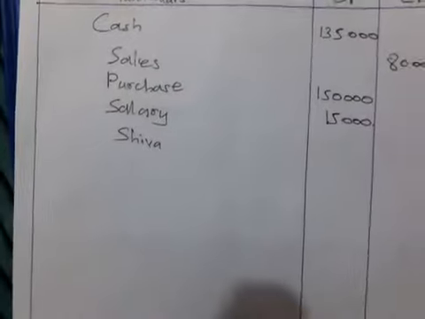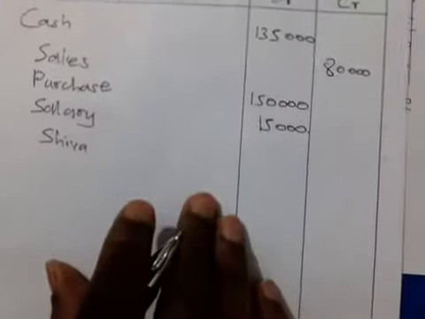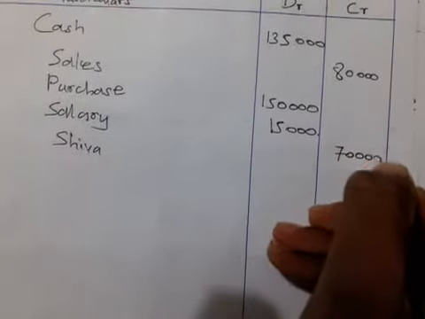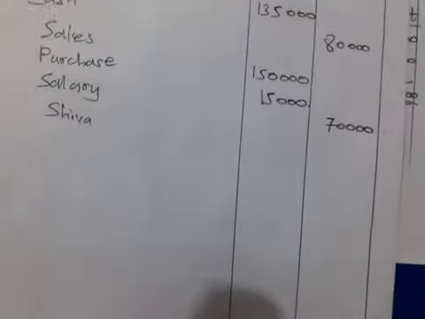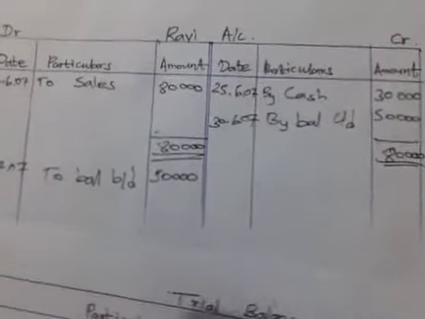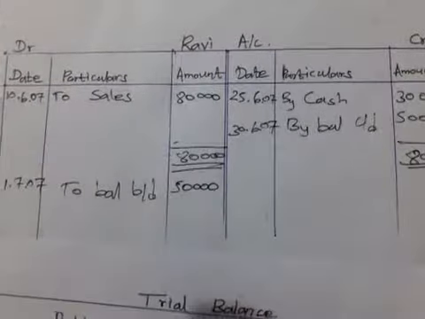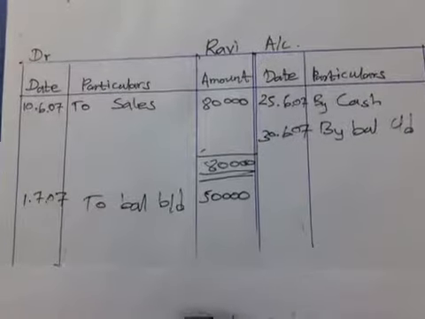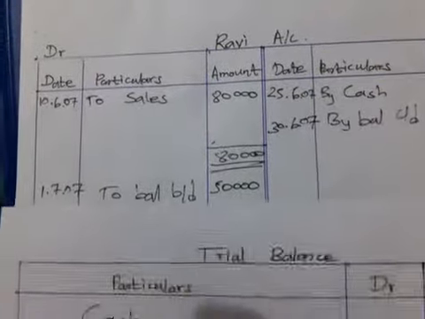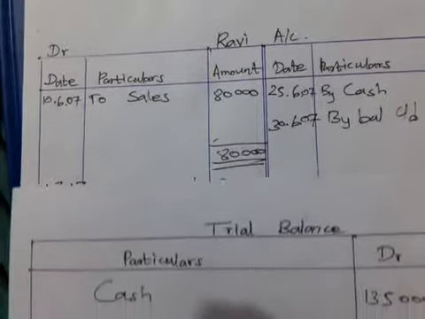Shiva 70,000. The next one is the Ravi account. In the Ravi account we got the balance on the debit side, 50,000. So we have to record it in the debit column of the trial balance.